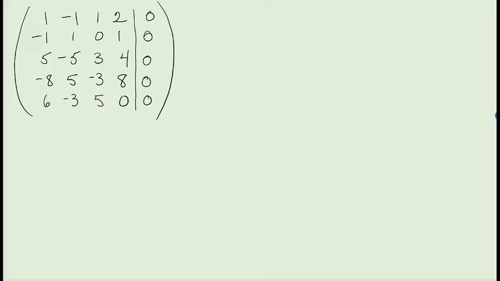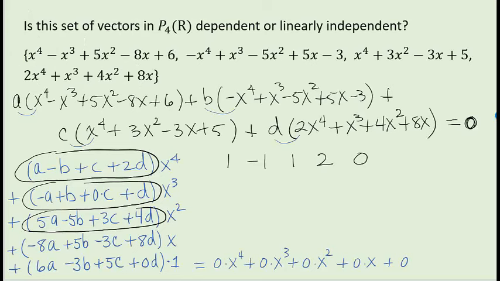What I'd like you to see, though, before we go ahead and solve this system of equations, and we'll get to this in chapter 2, is to look back at the vectors. This vector here was our first one, this polynomial. Notice the coefficients of x to the fourth, x cubed, x squared, x, and 1 are 1, minus 1, 5, 8, 6.